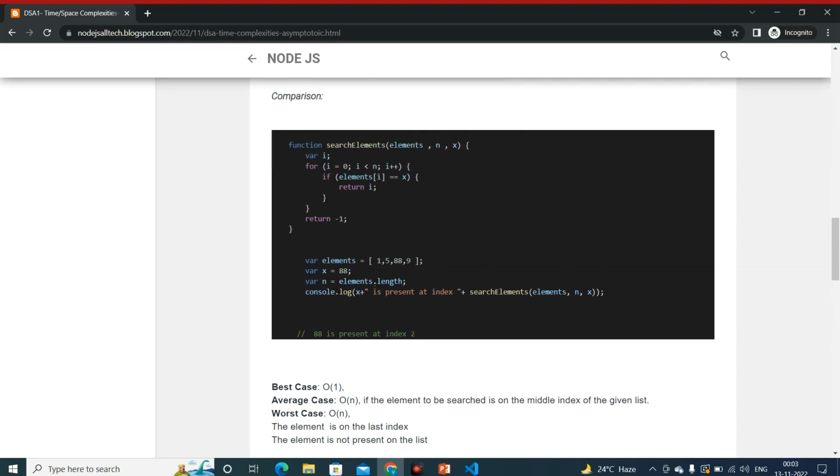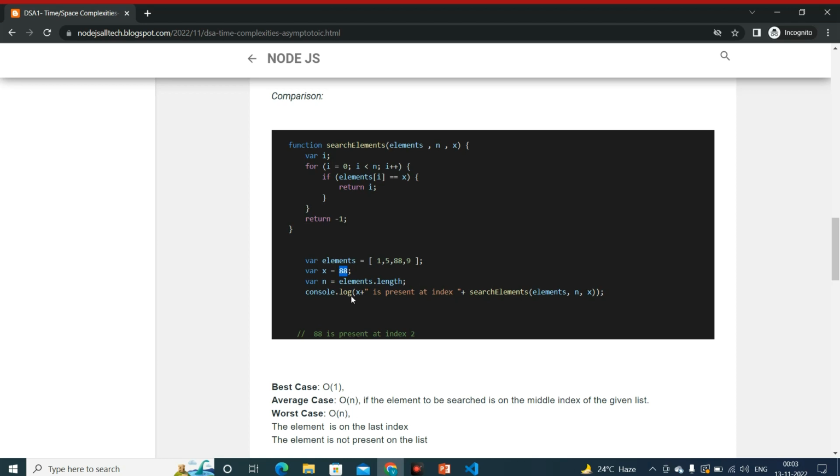Now, the second one. While searching, it may be possible that the element which we want to search, that is 88, is at the middle position or middle index of an array. At that time it is an average case. Average case means it is related to the theta notation. And now the last one is the worst case.